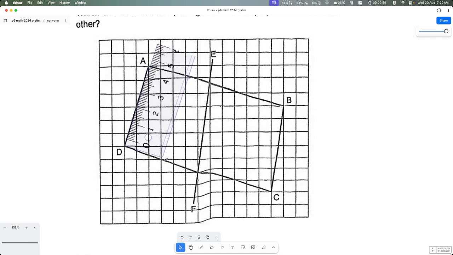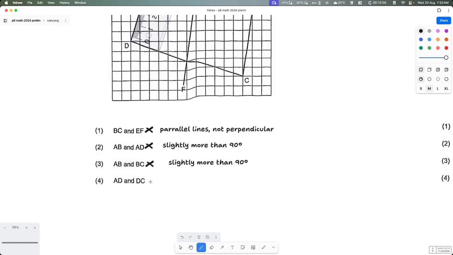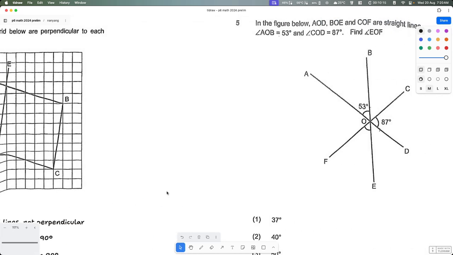I think it's a paper thing, but they are pretty close. So let's just take this. All right, great. So the answer is option number 4. Let's move on to the next question.